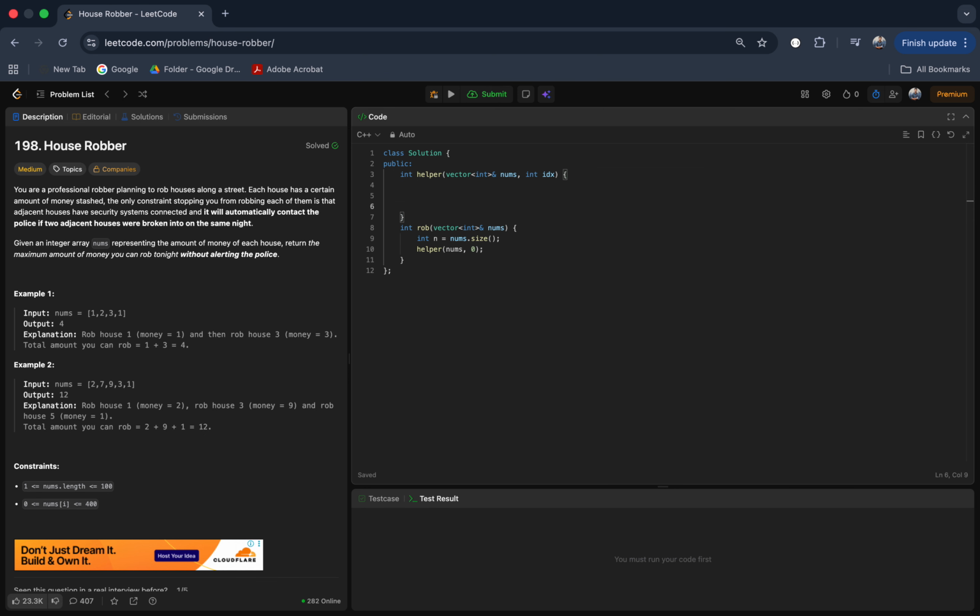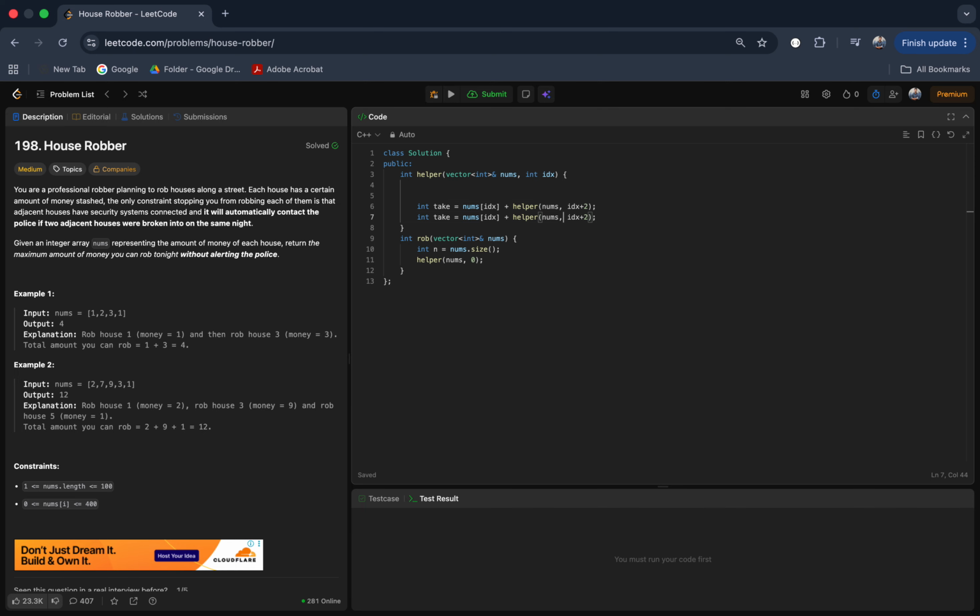So what I was going to say here, I will have two cases here. If I take it, num sub idx, whichever index I'm calculating, either I can take it. If I take it, then my sub problem will become index plus 2, because I cannot take the adjacent one.